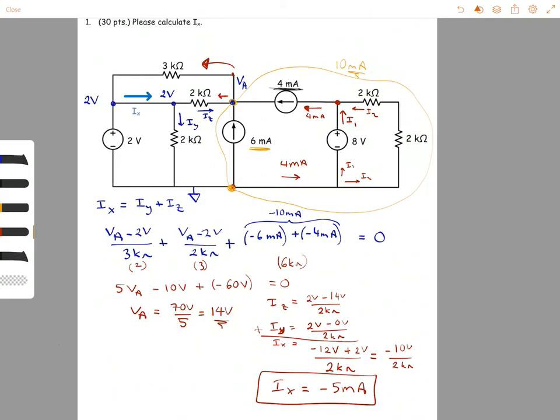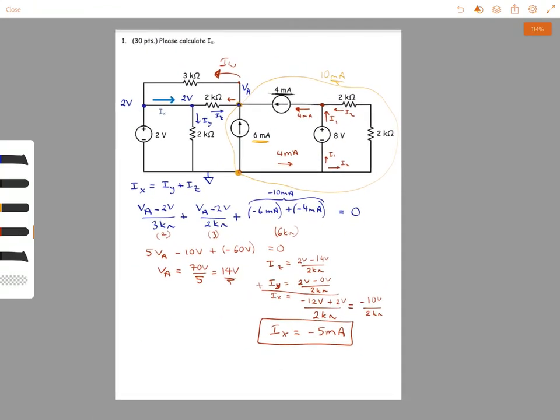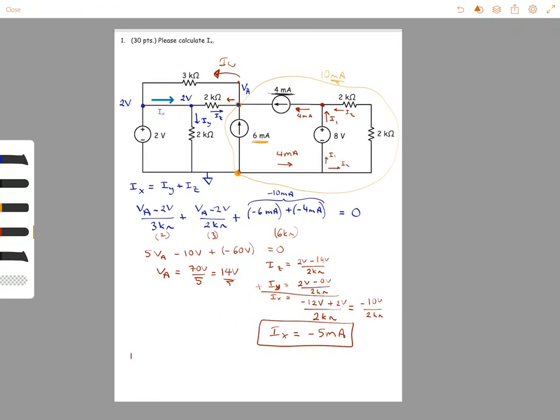So the current leaving this way, let's call this IW. Okay, so we are doing some verification here. IW equals VA minus 2 volts divided by 3 kilo ohms. VA was 14 volts, that makes 12 volts divided by 3 kilo ohms, that is 4 milliamps.